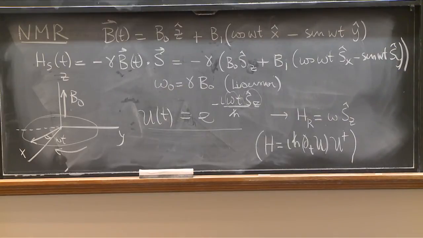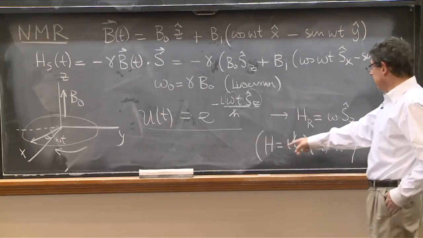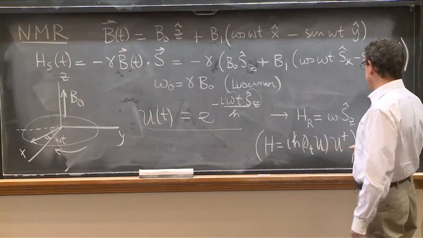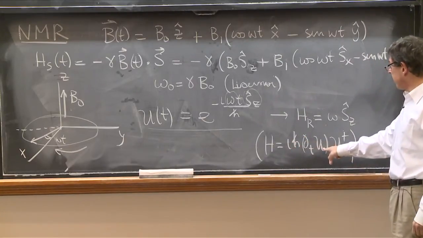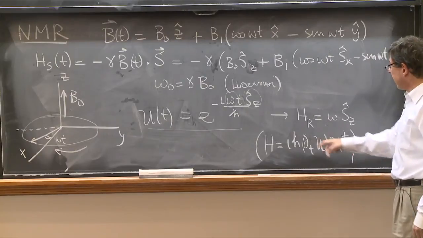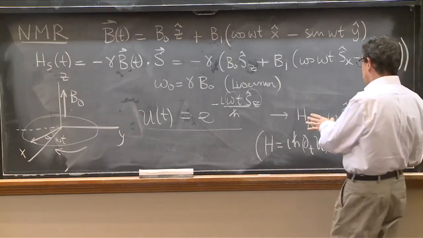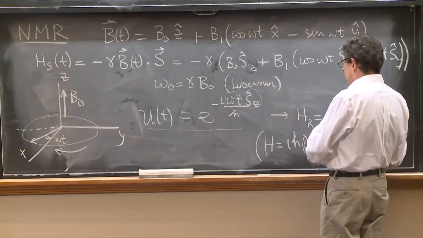In general, given a unitary operator, the Hamiltonian is obtained this way. You take the time derivative of it, multiply by U dagger, and that's the formula for the Hamiltonian, given the time evolution operator, something we did about a couple of weeks ago. So that's where we stood, some idea about a rotating frame.